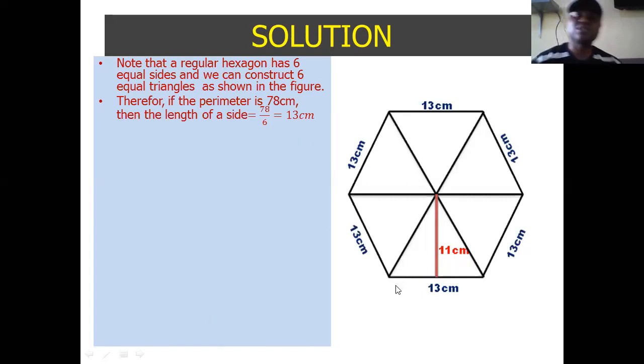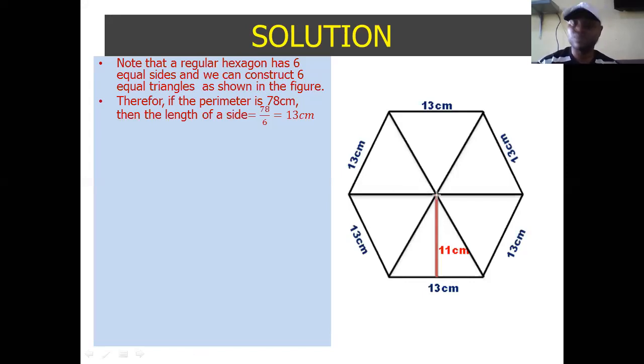Now, the question says a line from the center of the regular hexagon canvas to meet a side is what? 11 centimeters. Look at this, 11 centimeters. I want you to get this very clearly.